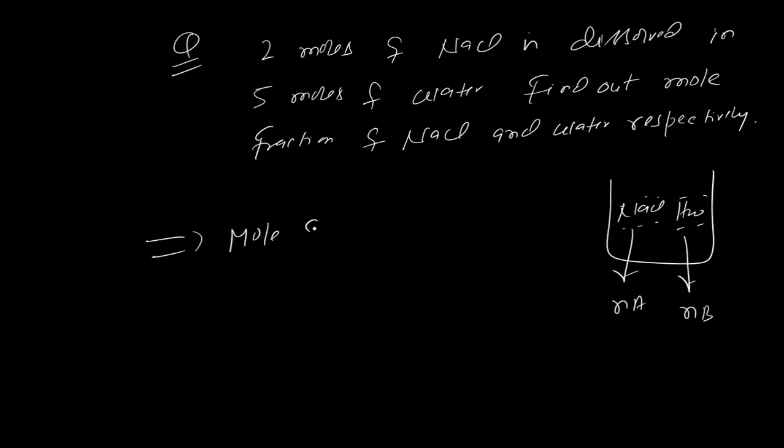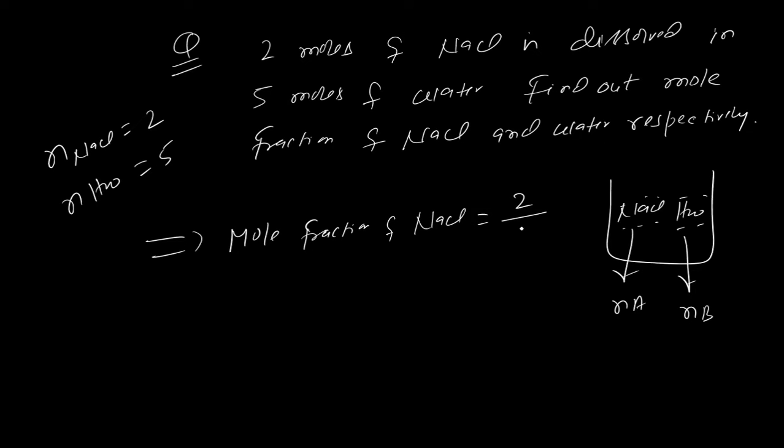So mole fraction of NaCl will be equal to number of moles of NaCl. The number of moles of NaCl is given as 2 and the number of moles of water is given as 5. So 2 divided by total number of moles, 2 plus 5.